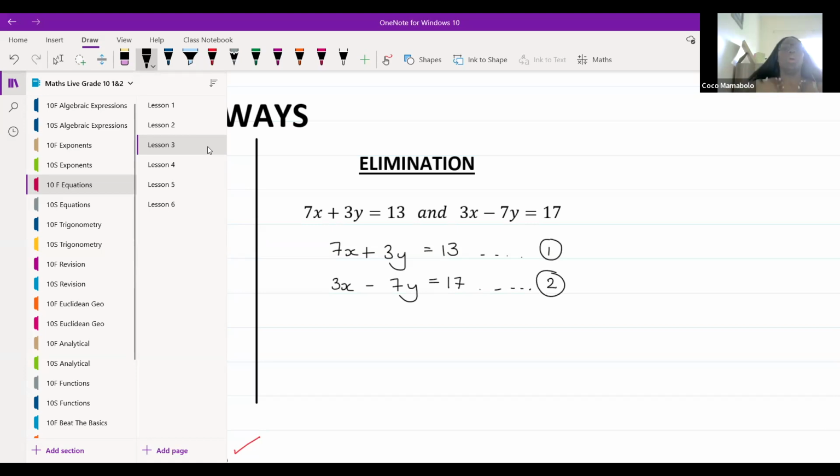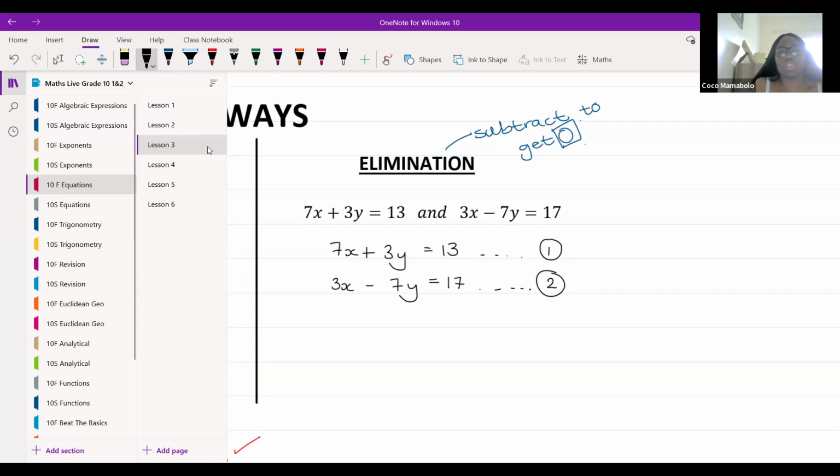Okay, so when it comes to elimination, what I want to do is subtract the two equations from each other. Now, the problem that I'm having right now is when I subtract, I don't want to end up with an answer for x and for y. So I want to subtract to get 0 as one of my answers. So here's what I'm going to do.